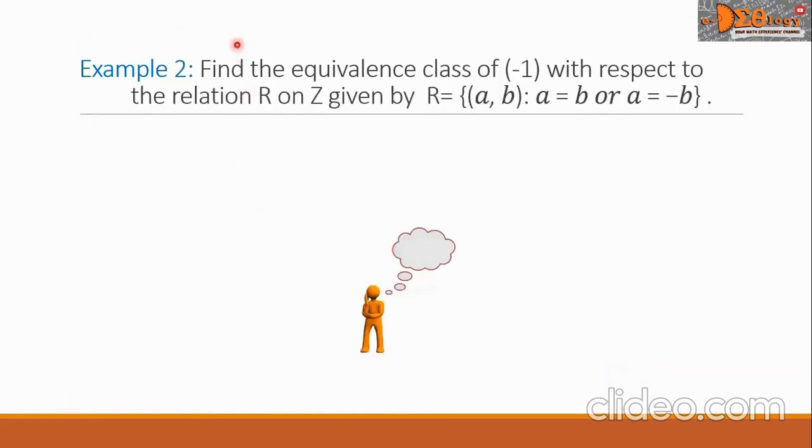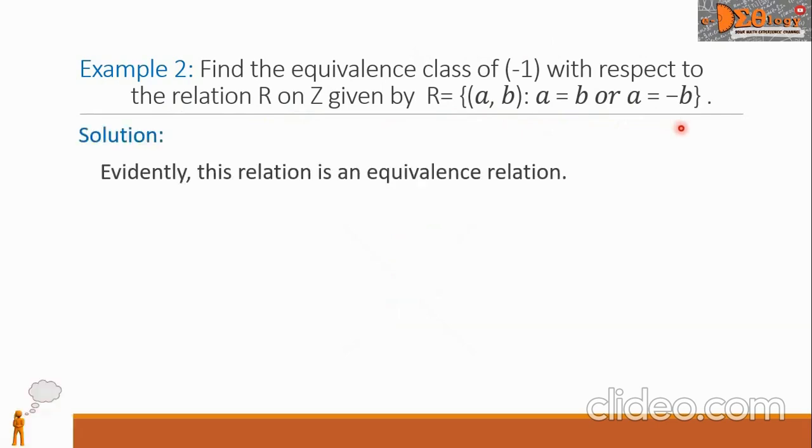Example 2. Find the equivalence class of -1 with respect to the relation R on the integers given by R equals the ordered pair AB such that A equals B or A equals -B. Evidently, this relation is an equivalence relation.